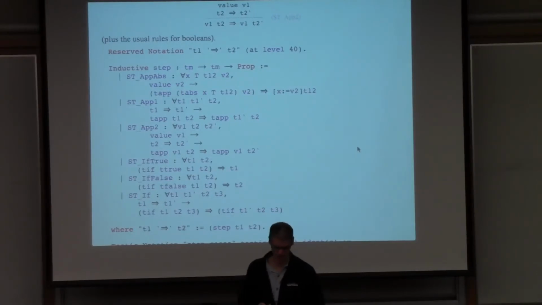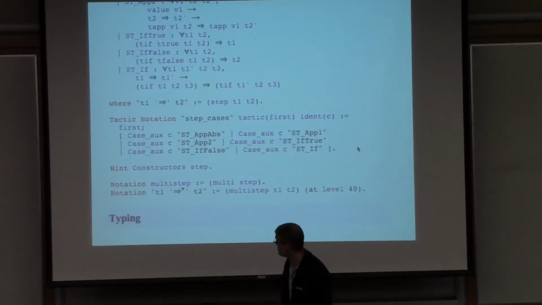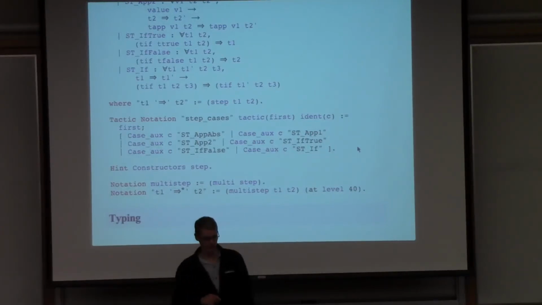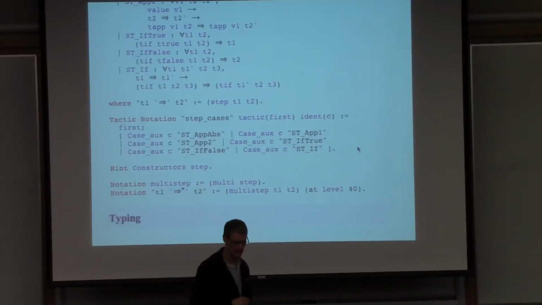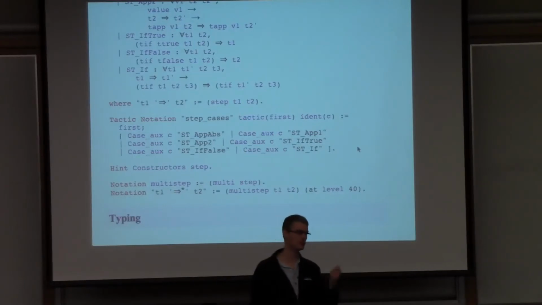We're doing a small step reduction relation. And then on top of that, if you like, we can define a multi-step reduction relation. This multi definition we skipped over, but it's just the reflexive transitive closure of a relation.